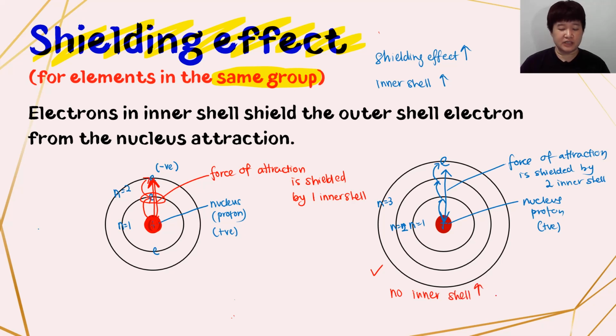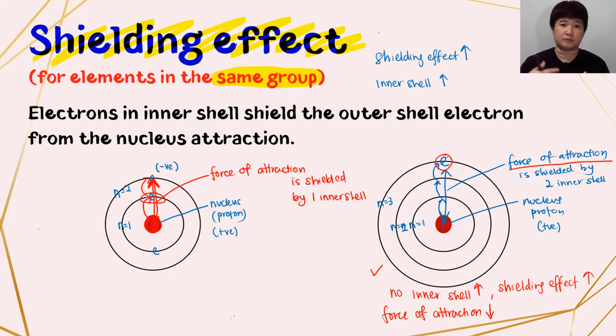When the number of inner shells is higher, the shielding effect is higher. When the shielding effect is higher, the force of attraction will be weaker. When the force of attraction is weaker, the valence electron will be far away from the nucleus.